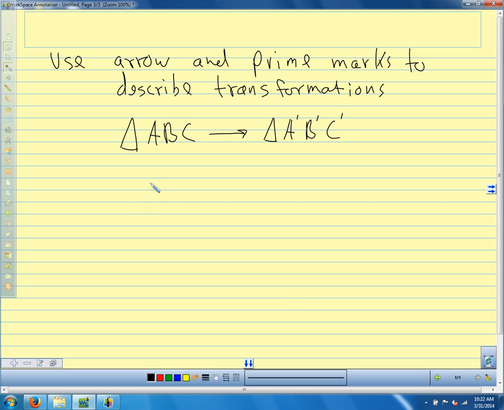We could say that triangle A prime, B prime, C prime is a transformation of triangle ABC.